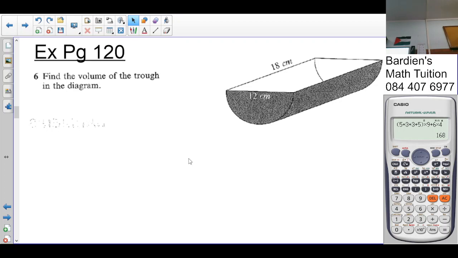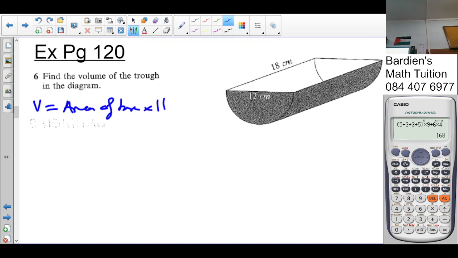So how do you calculate the volume? Area of base times height. Whatever shape is your base here? Semicircle, so it's going to be half the area of the circle, pi r squared, times height. If the diameter is 12, what is the radius?